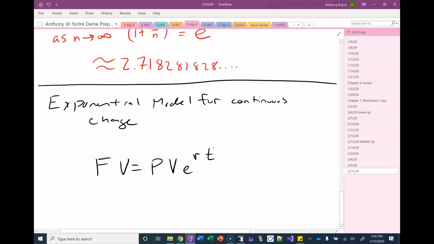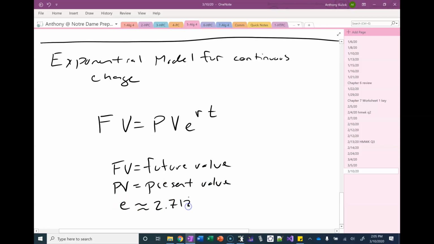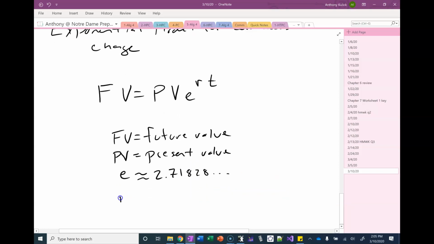That model is FV equals PV times e to the RT, where FV is just some future value, PV is just our present value, e is that number 2.71828 and so on, R is our rate of change as a decimal, and T is our time.